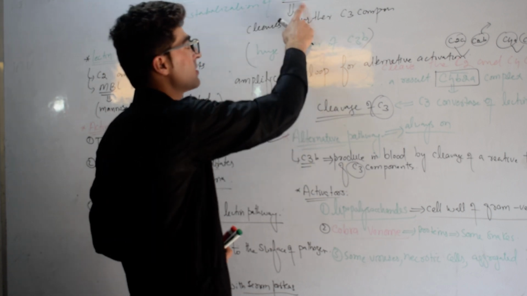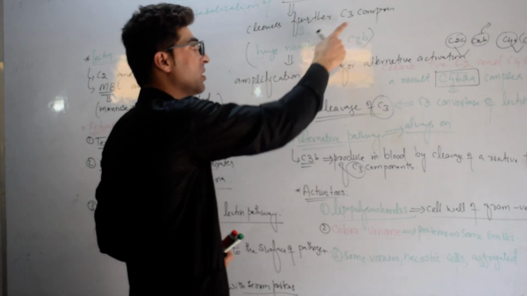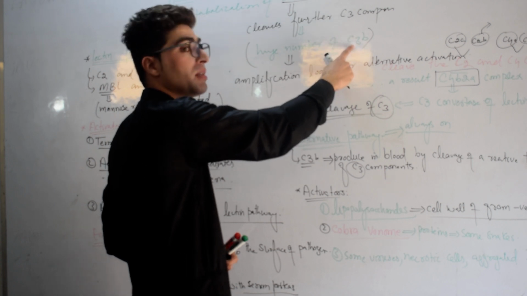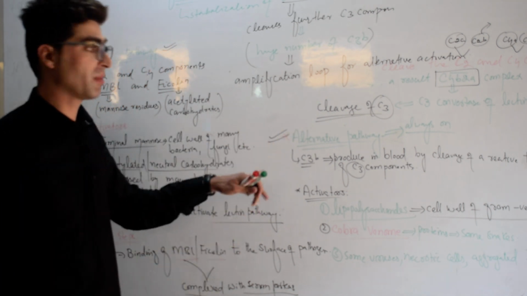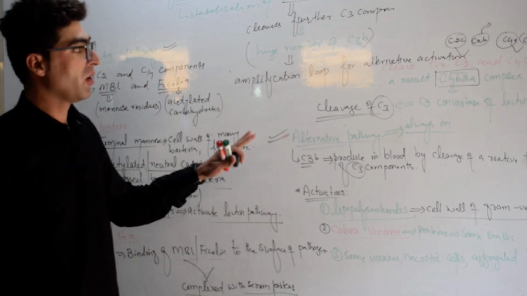Continuously the C3bBb complex is going to cleave the C3 components, and C3b fragments are formed, and these C3b are going to attach to the surface of pathogens. So it is always on.